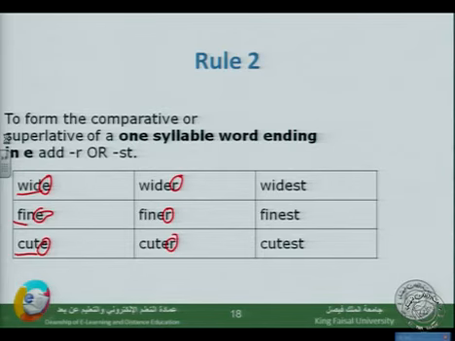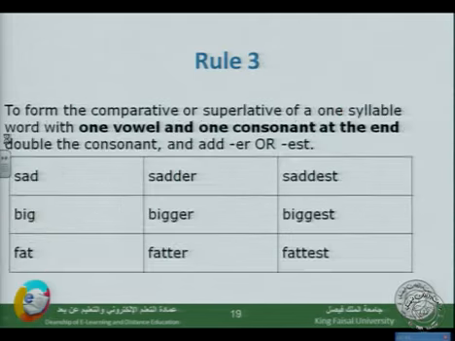And we only need to add ST if you want to make a superlative. So we say wide, wider, widest. لكن من الخطأ إن نضيف ER مرة أخرى. هذا خطأ. أو EST. لأنه الE already موجودة هنا. So we need just to add R or ST.